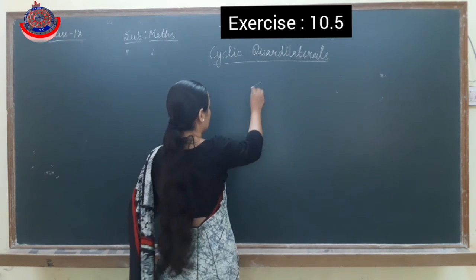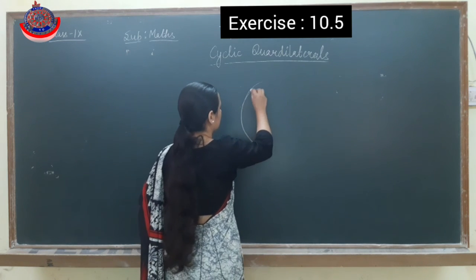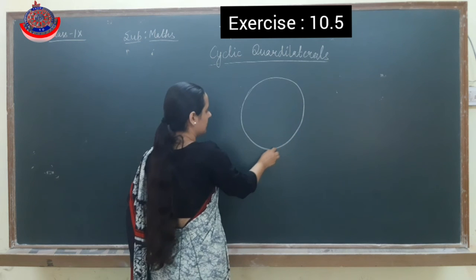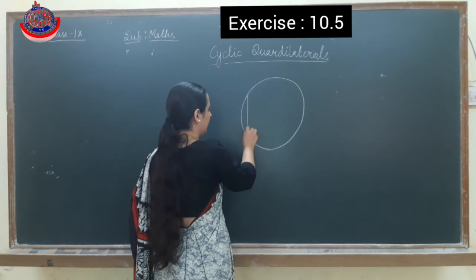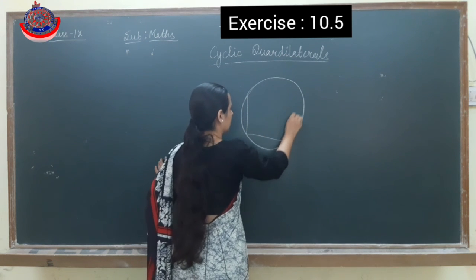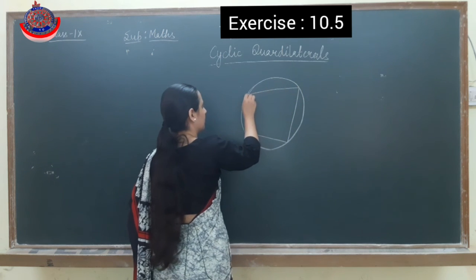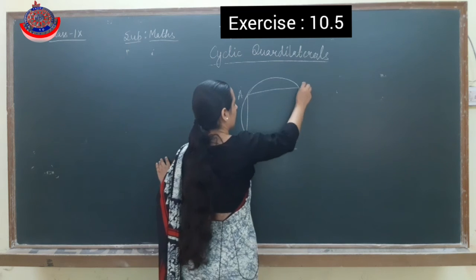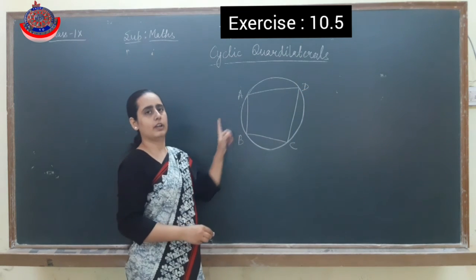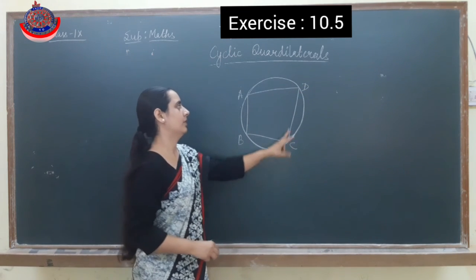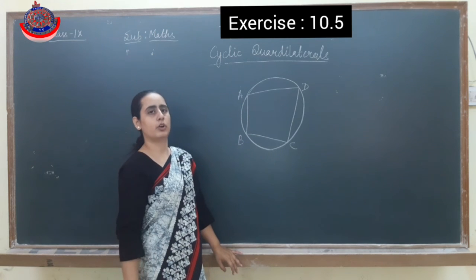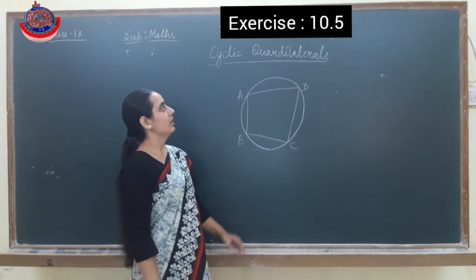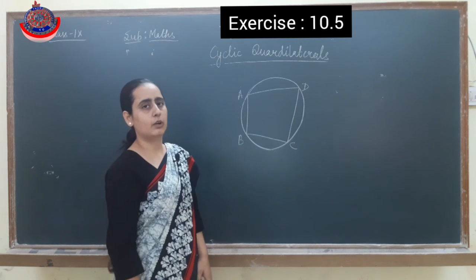For example, like if this is a circle and we have a quadrilateral like this. Fine. So ABCD is called as the cyclic quadrilateral as all the four vertices are lying on the boundary of a circle.